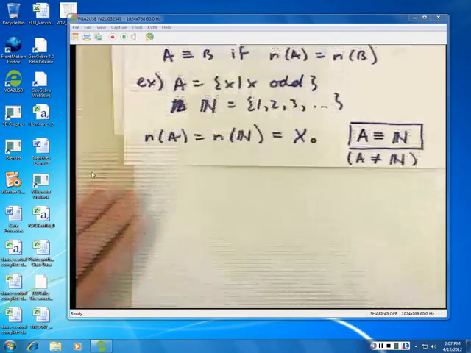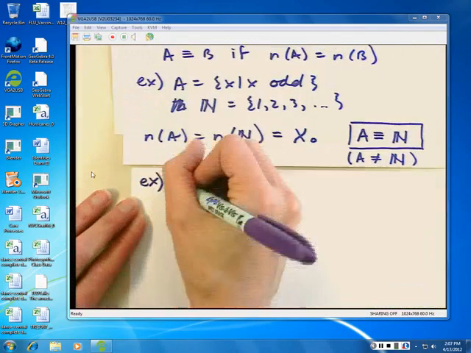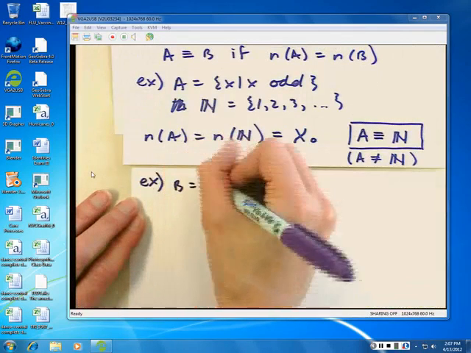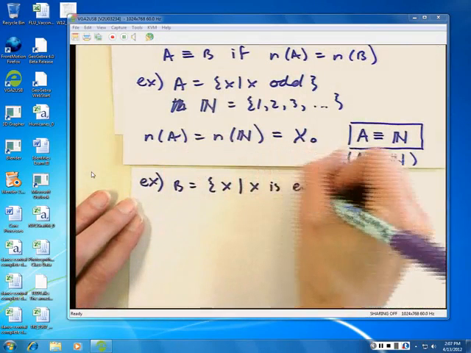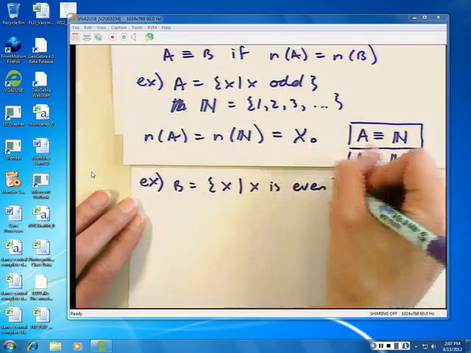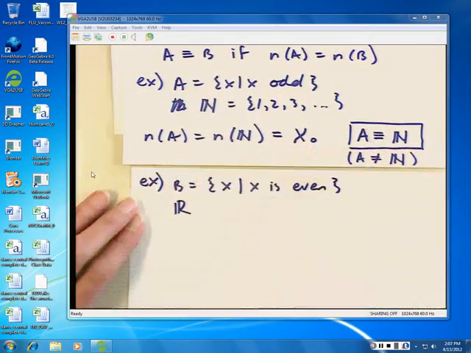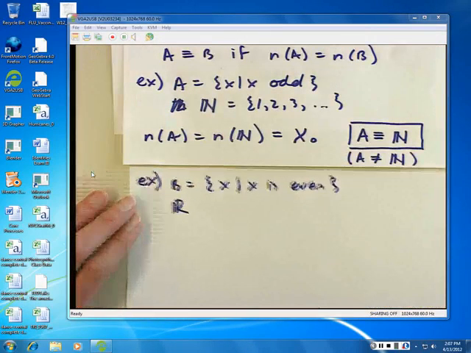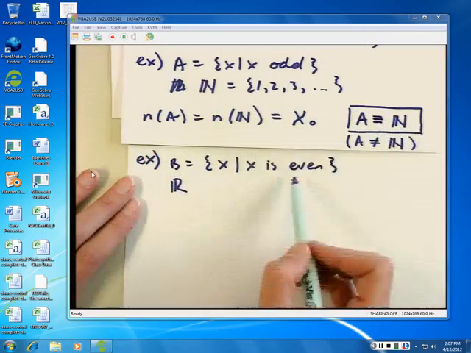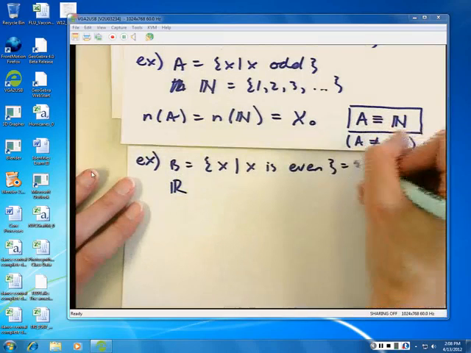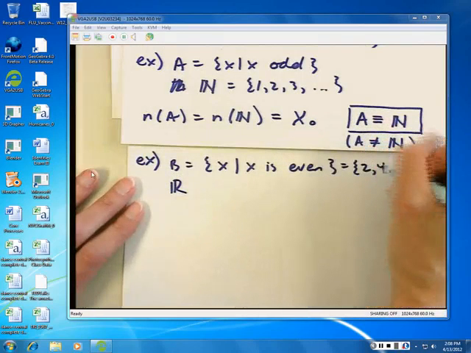Okay, so for example, let's do set B and say that B is all the x's such that x is an even number, and the reals. So the question is equal, equivalent, or both or neither, I guess. So for this one, if B is the set of even numbers, I can list those with a definite starting place. 2, 4, 6, 8. It's countable.